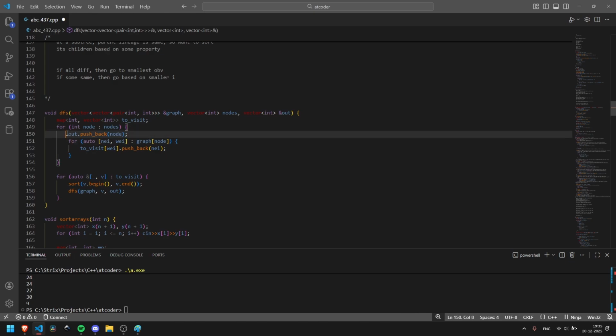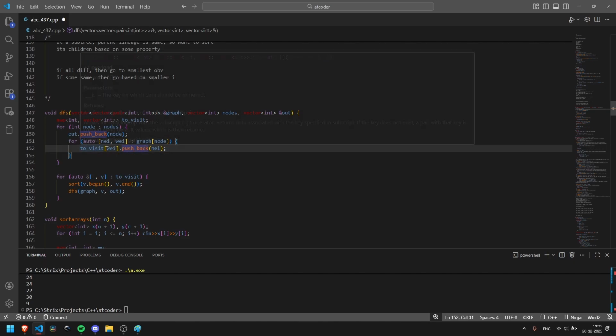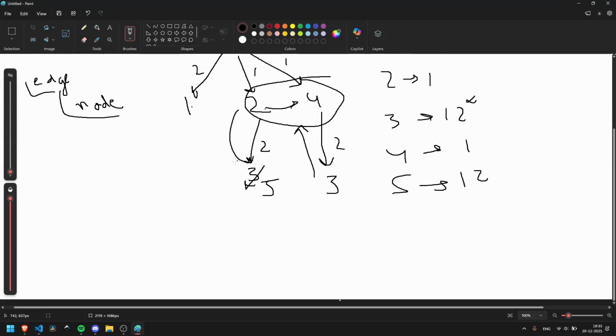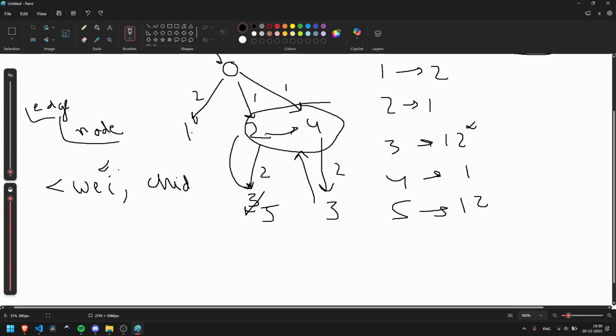First, we push them in the output vector, and then for every outgoing edge, we create a map. We will create a map where the key is the weight and the value is the set of nodes, the children, which have that corresponding weight.